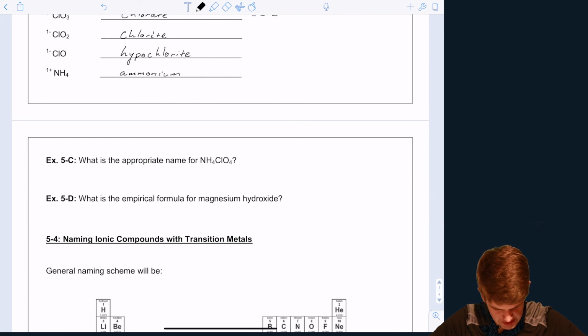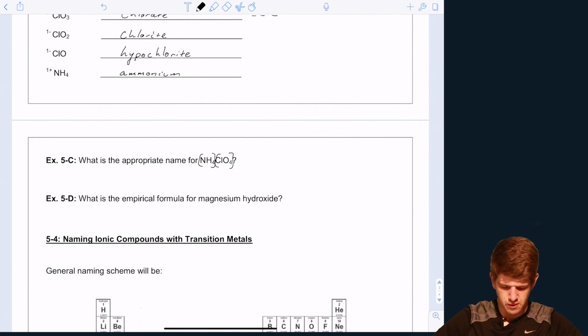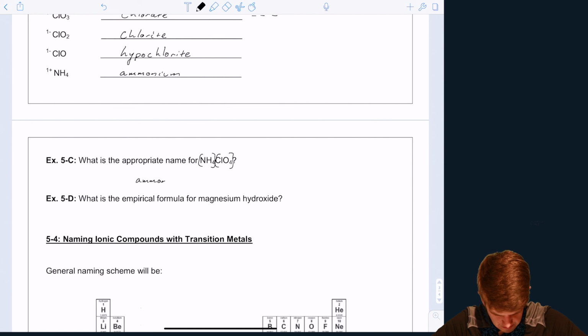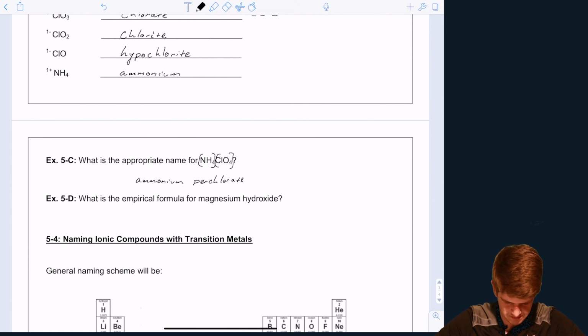Well, what are the constituent ions in this compound? We have NH4 and then ClO4. ClO4 is perchlorate, NH4 is ammonium, so it is ammonium perchlorate.